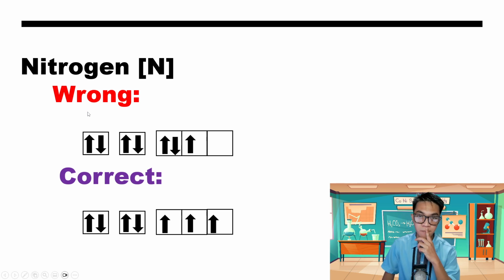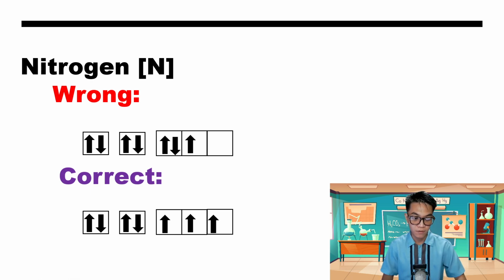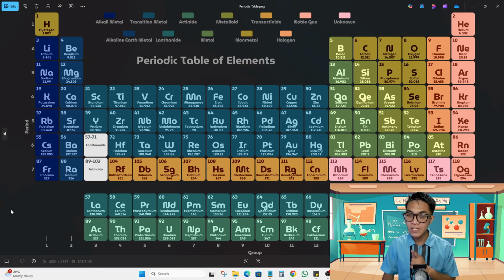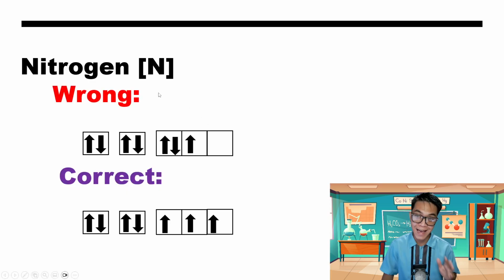What would be the first step, as I've mentioned previously, in configuring these elements or atoms? Correct. The first thing we have to do is check our periodic table. Looking at our periodic table, we see that nitrogen has the atomic number of 7, which means that it has 7 electrons.